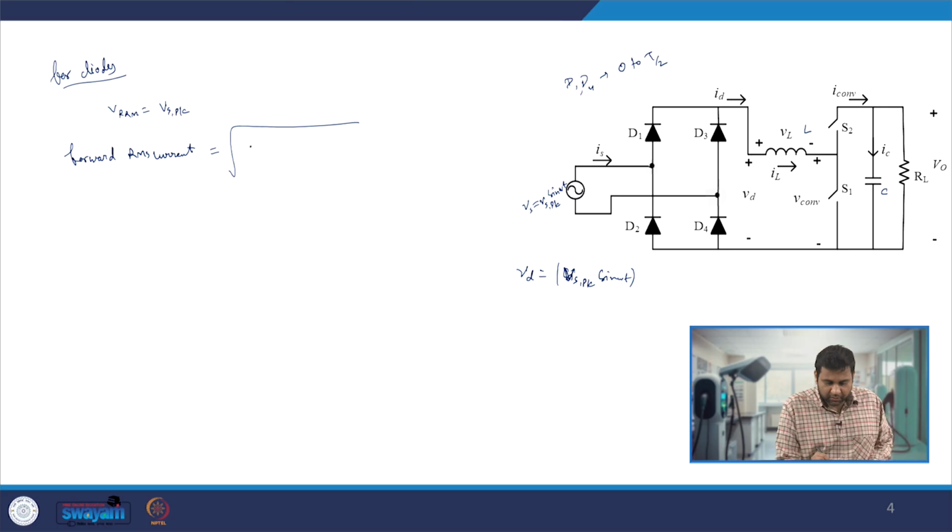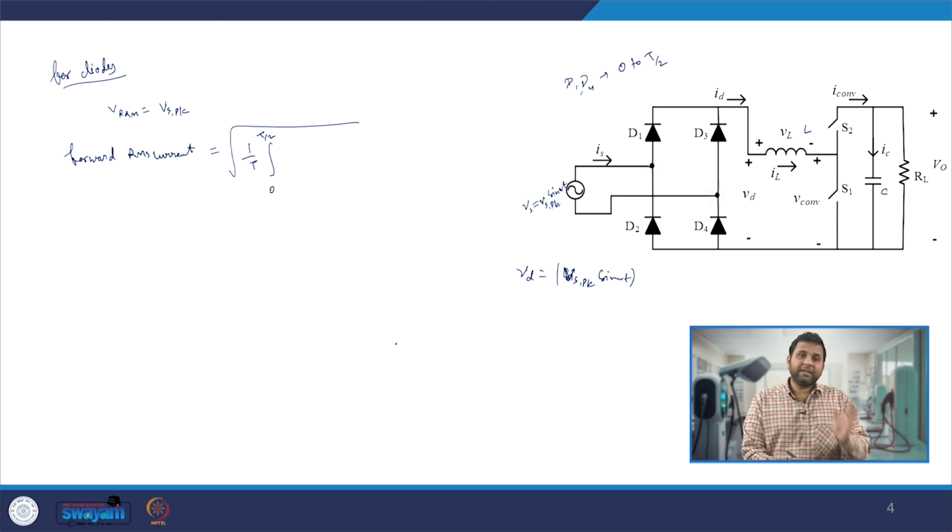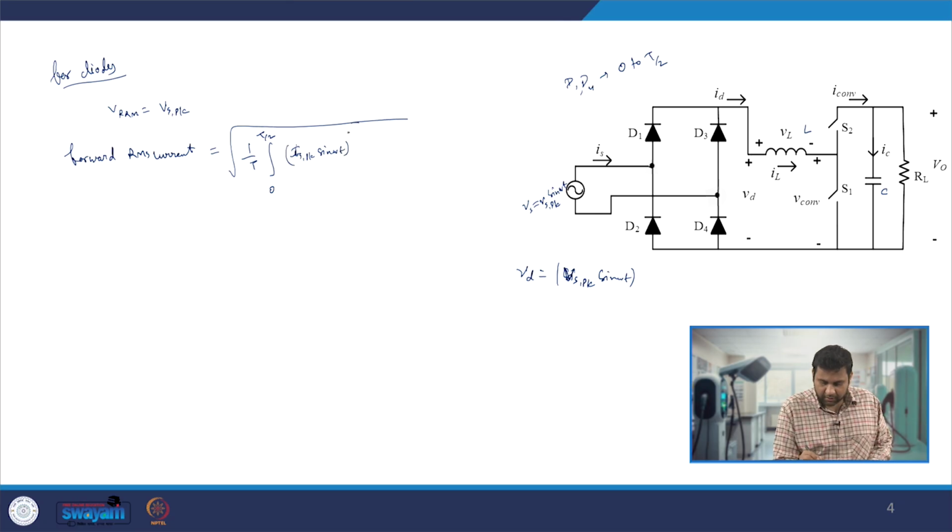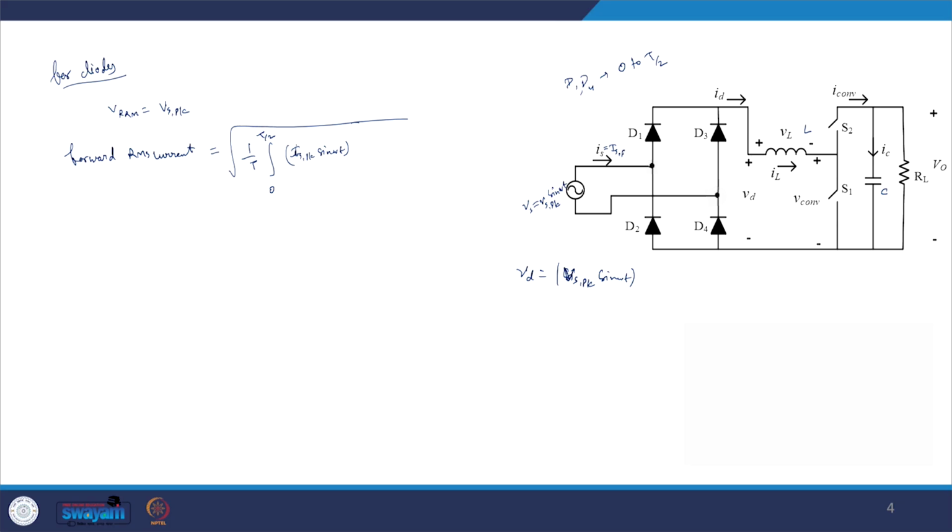So the forward RMS current is the square root of 1 by T, integrating from 0 to T by 2, because from T by 2 to T the current is 0, of Is peak sin omega t squared dt, assuming the current has unity power factor. One can easily evaluate that and get Is peak by 2. That is the forward RMS current of this diode.